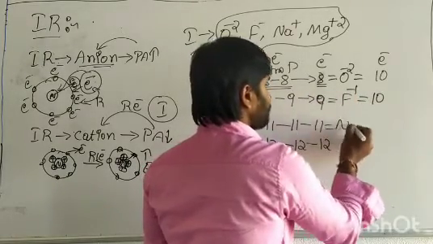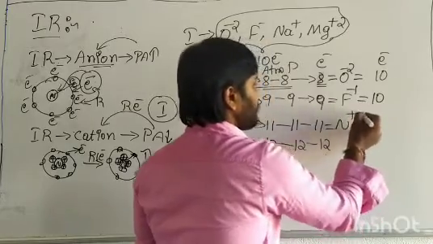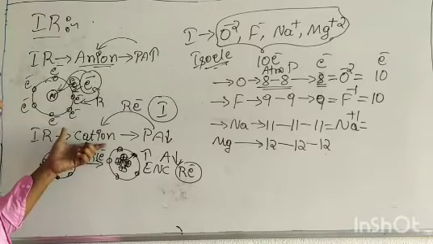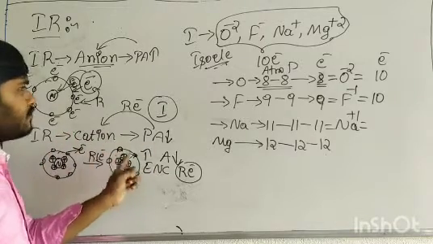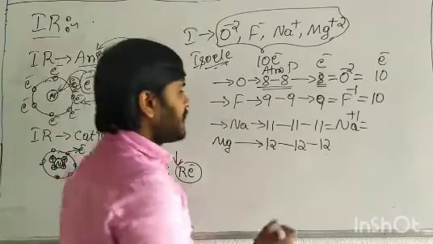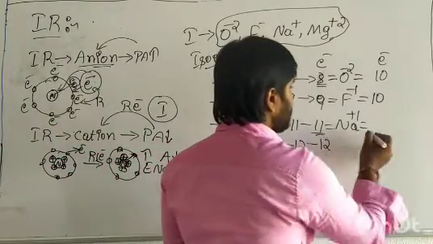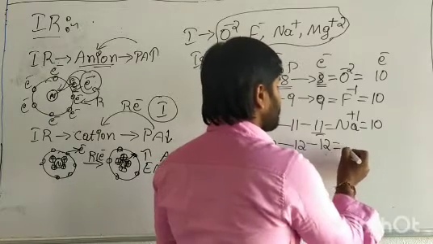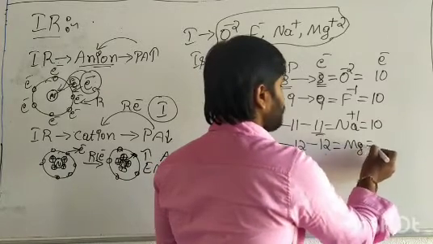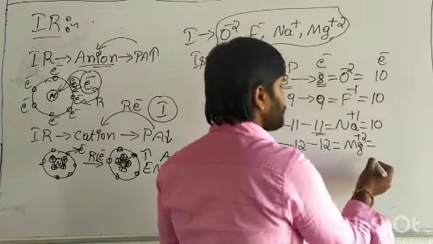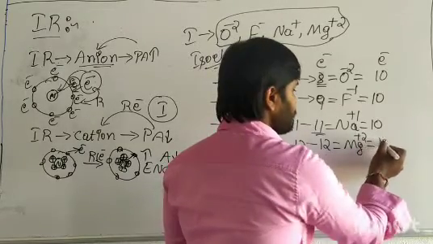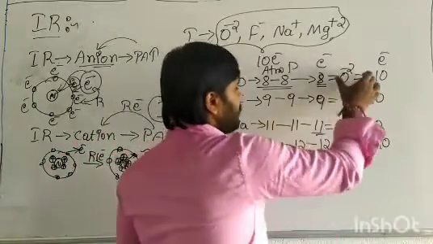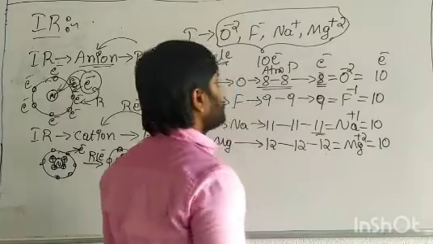Sodium develops a plus 1 charge, which means you remove an electron: 11 electrons minus one leaves 10. Magnesium has 12 electrons and develops plus 2 charge, so you remove 2 electrons, again giving 10. So these ions are isoelectronic in nature.